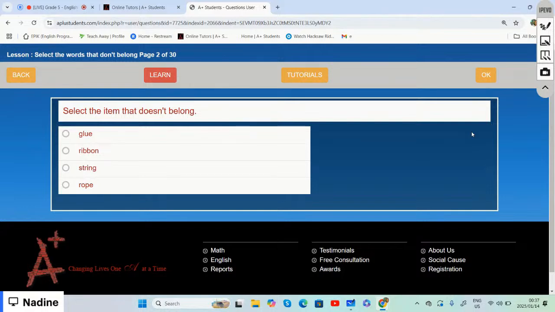We need to select the item that does not belong. We have glue, and then we have ribbon, and then we have string and rope. So glue, ribbon, string, and rope. What are the items that do not belong?